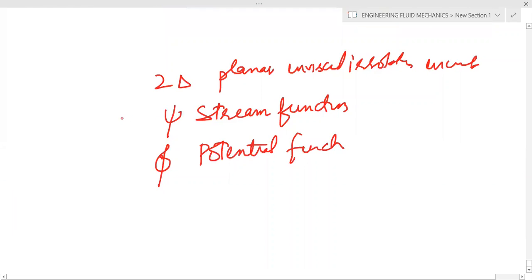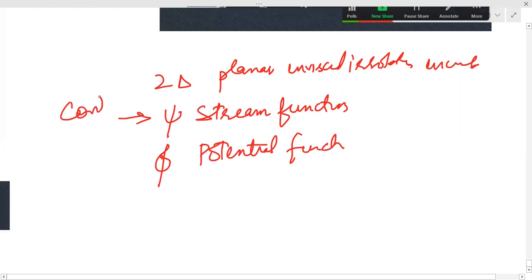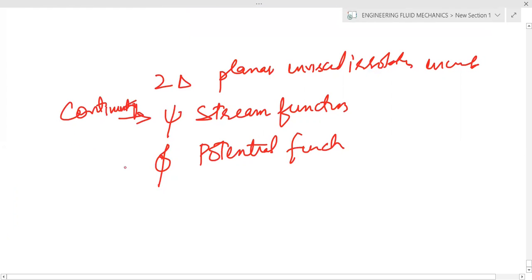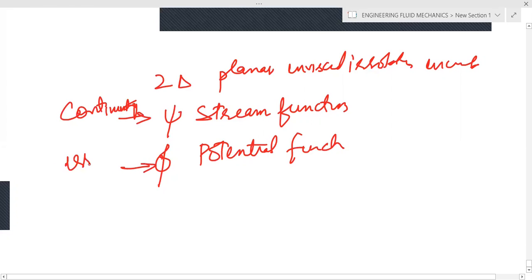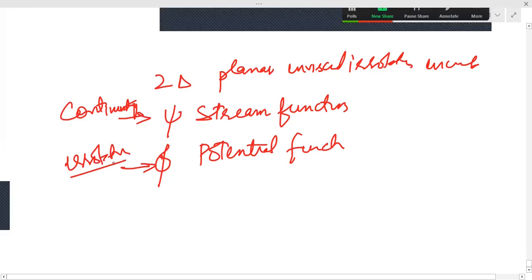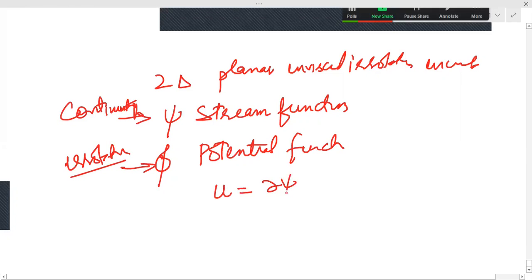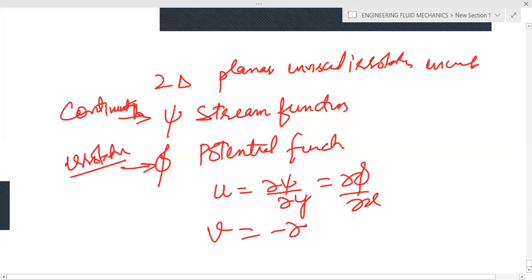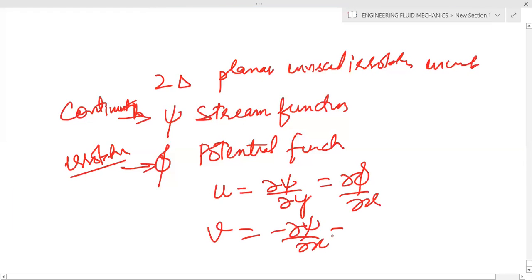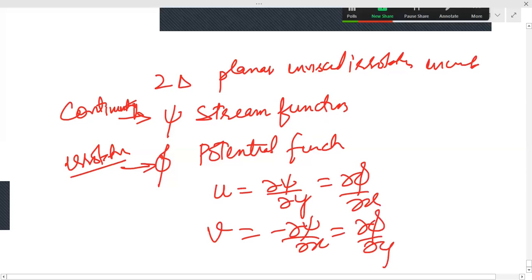How did you define stream function? Through continuity equation. How did you define potential function? Through irrotational condition. And you know that u is equal to ∂ψ/∂y is equal to ∂φ/∂x, and v is equal to minus ∂ψ/∂x is equal to ∂φ/∂y.